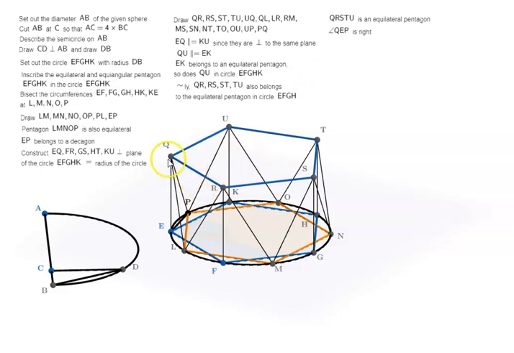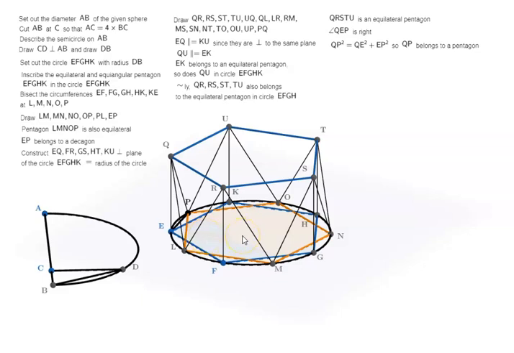Now, angle QEP is right angled. So, that means QP square is equal to QE square plus EP square. So, QP belongs to a pentagon. How did we arrive at this? Because remember, EP is the side of a decagon and QE is the side of a hexagon, because QE is equal to the radius of the circle EFGHK.